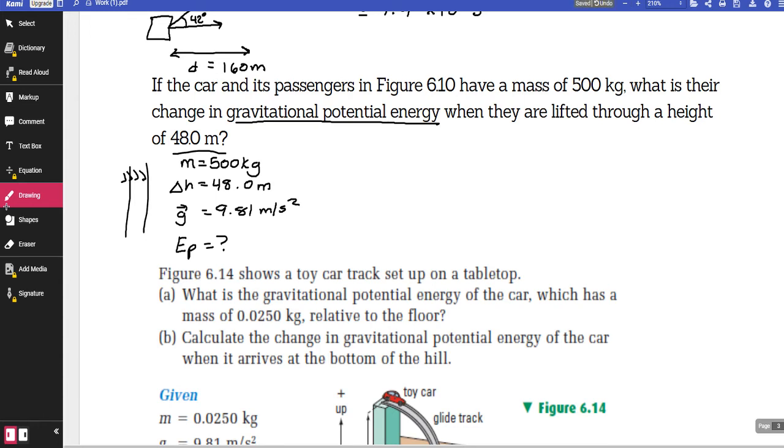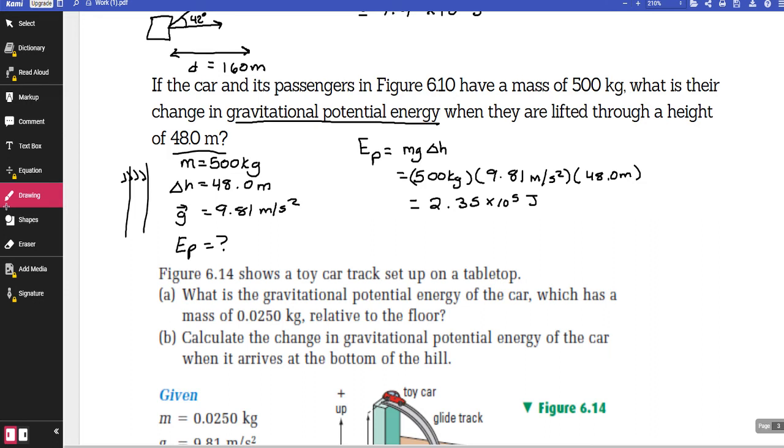So then our formula is EP is equal to mg delta h, which is 500 kilograms multiplied by 9.81 meters per second squared multiplied by our change in height, to give us a resounding total of 2.35 times 10 to the 5 joules.